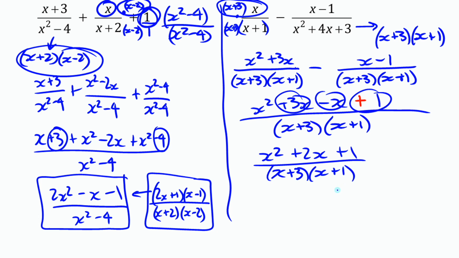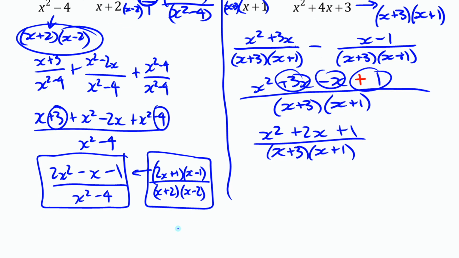Now, as I said before, you can write these in expanded form or in factored form, but it's worth writing them in factored form if you can to see if there's any common factors, because this one actually has some common factors. If we look carefully here, that numerator can be written as x plus 1, x plus 1.